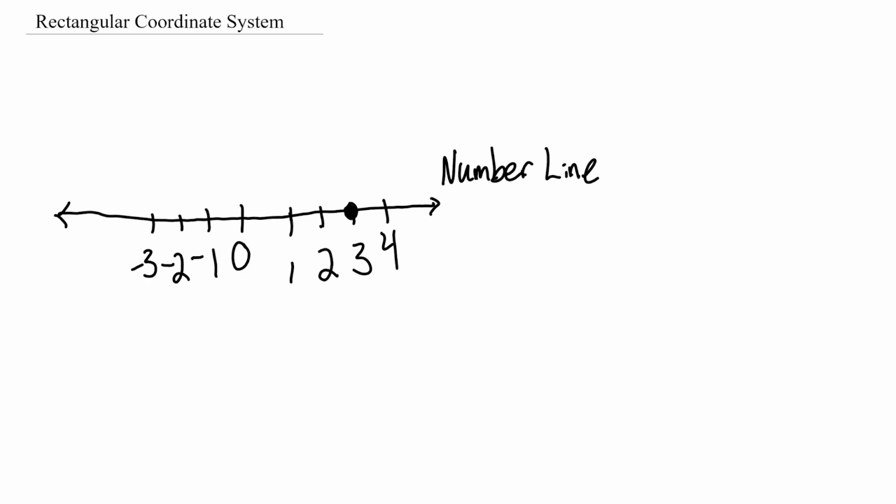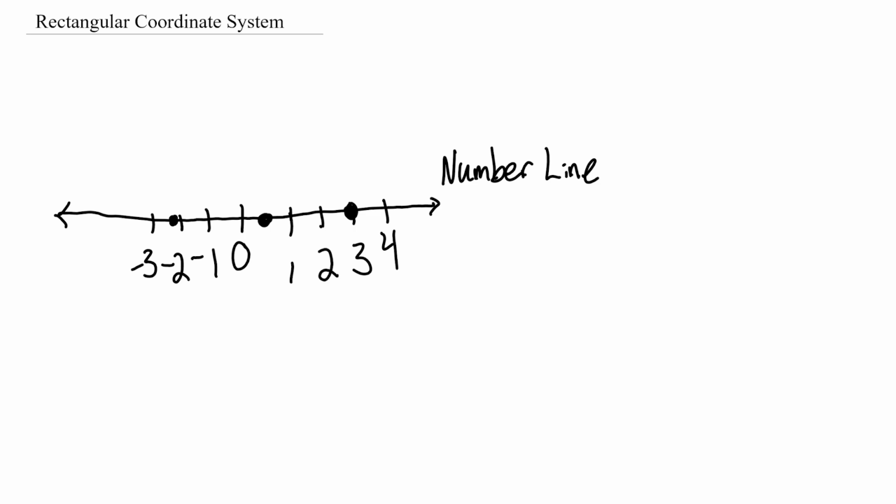If we wanted to plot the number 1/2, maybe we would put it right here, about halfway between 0 and 1, because that's where 1/2 would be. Negative 2.1, maybe we put right here, right? We're kind of approximating because it's hard to pinpoint exactly where something like negative 2.1 would be, but we get the general idea here, right?